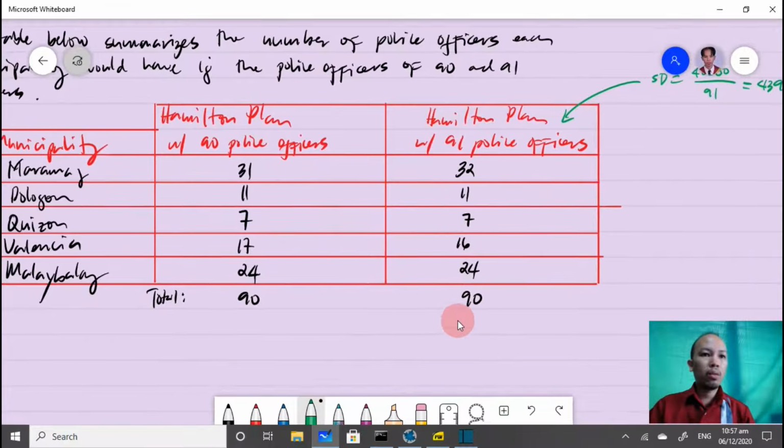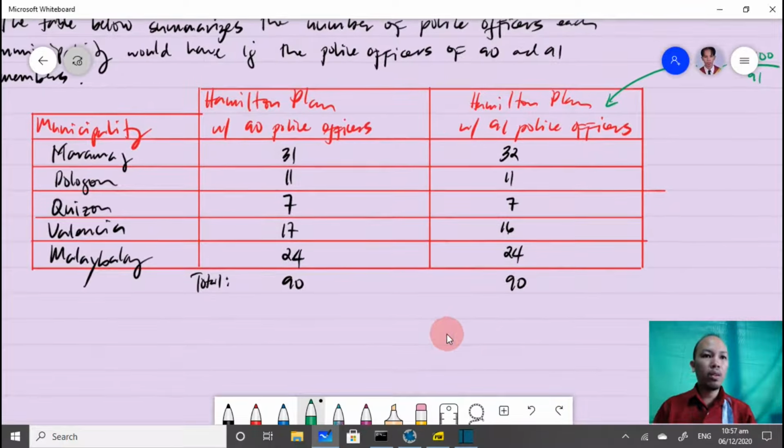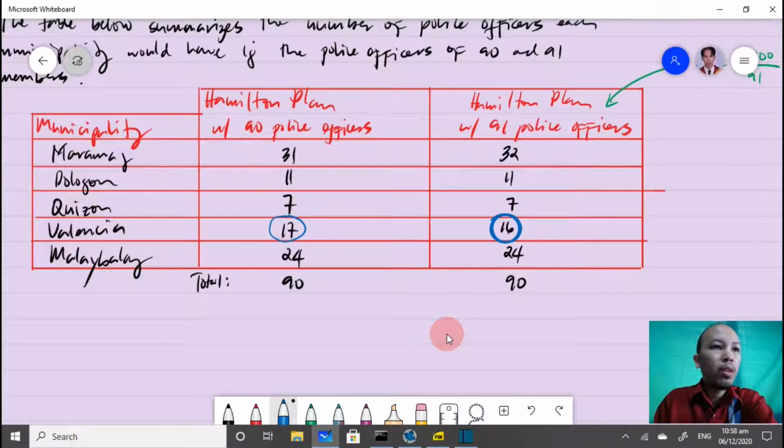So what's the meaning of this? Notice that in this portion here, when there are 90 police officers, the apportioned number of police officers assigned to Maramag is 31.